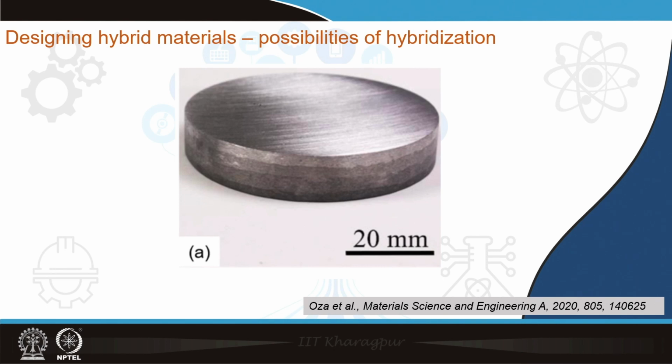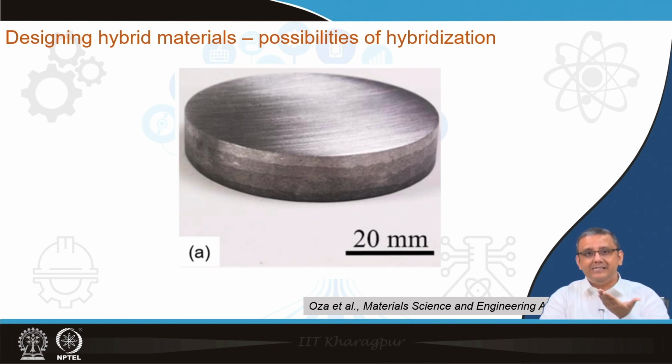That surface with the high silicon carbide content will give you a very high hardness and wear resistance, whereas the surface with the very high metal content will give you a very high toughness or a soft material, and that will give you a combination of good toughness and hardness where you require. And this is one concept of hybridization, which is called the best of both scenario.